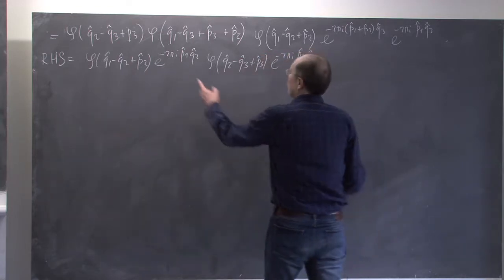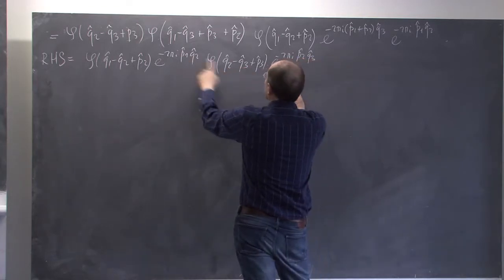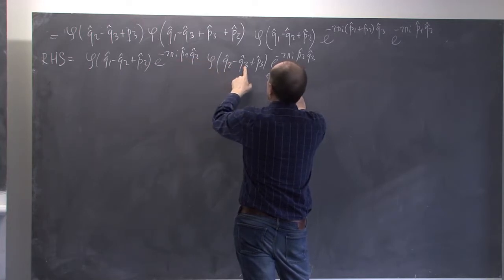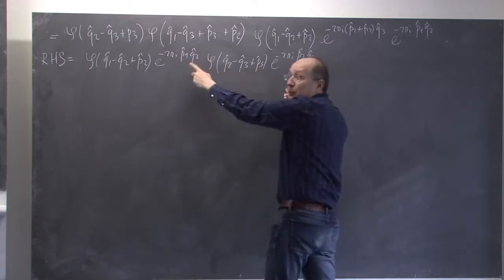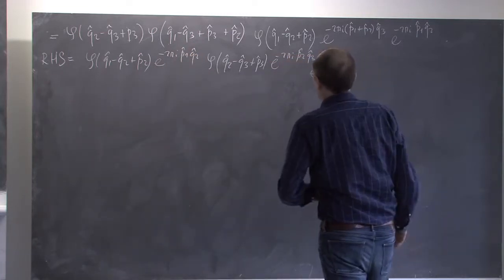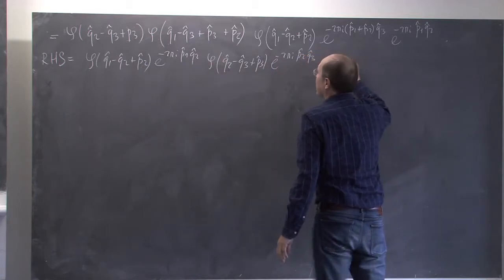And now we need to move only one exponential through one phi, and Q2 commutes with P1, Q2, Q3. Anything depending on 3 commutes with the operator acting in 1 and 3. So nothing changes. It goes through freely.